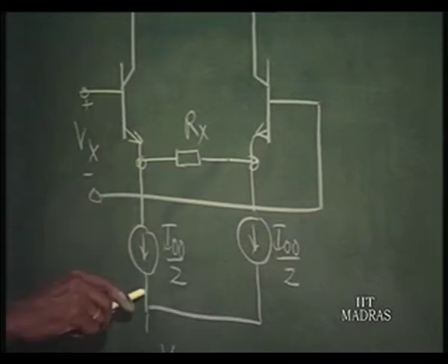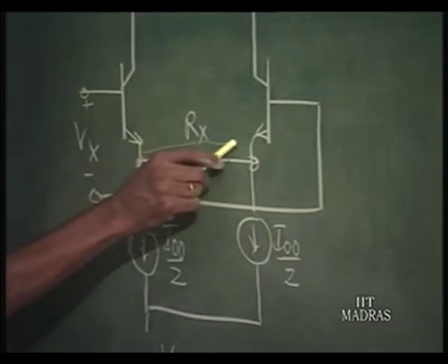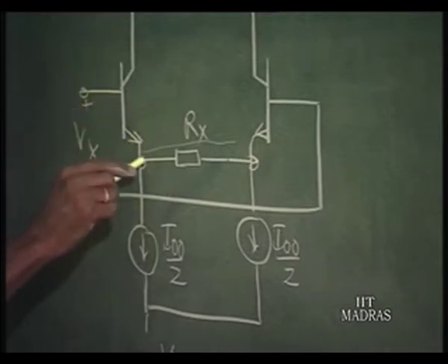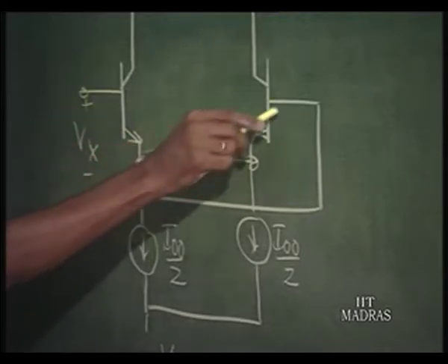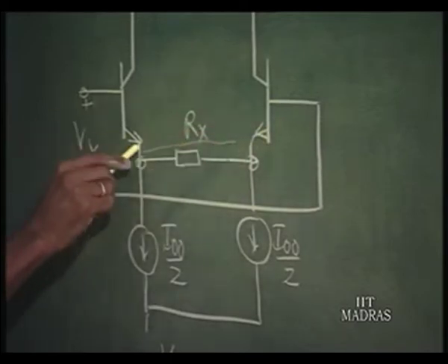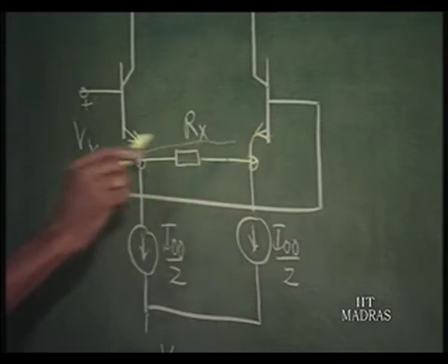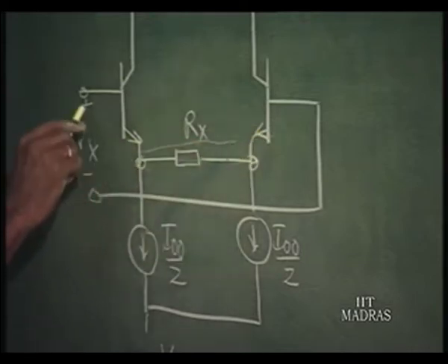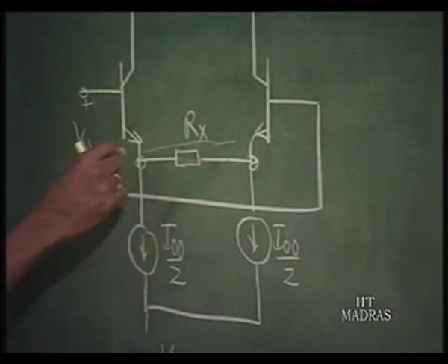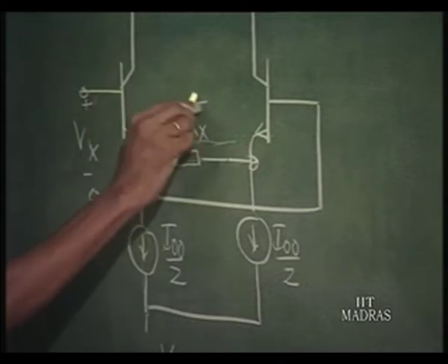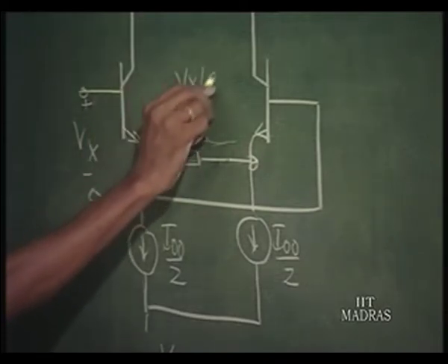This current is I naught naught by 2, and this current is going to be Vx. Vx will come across this Re1, Rx, Re2. If you neglect this Re1 and Re2, this Vx will directly come across Rx. You can select Rx such that it is large compared to Re1 and Re2. Then the current in this is Vx divided by Rx.